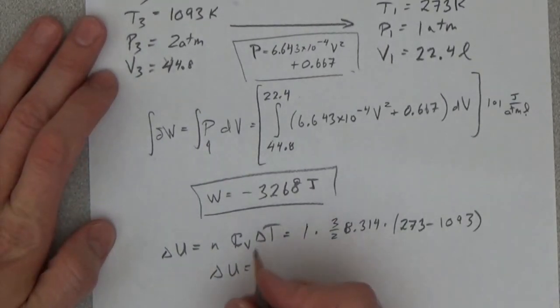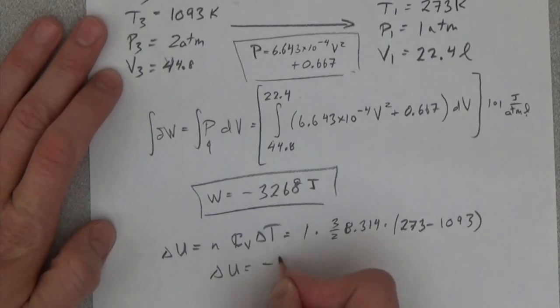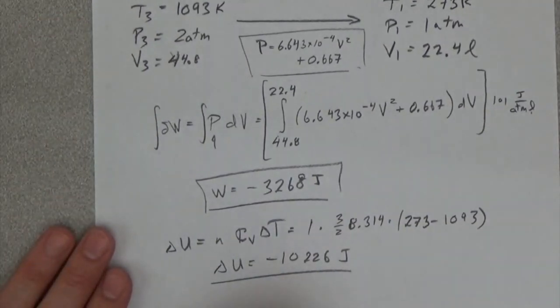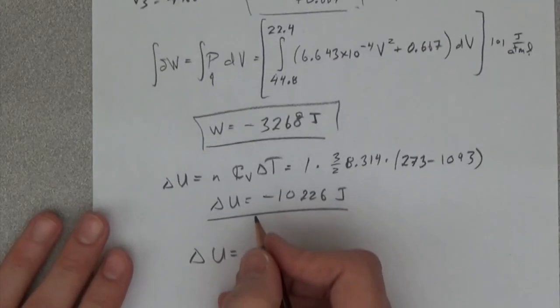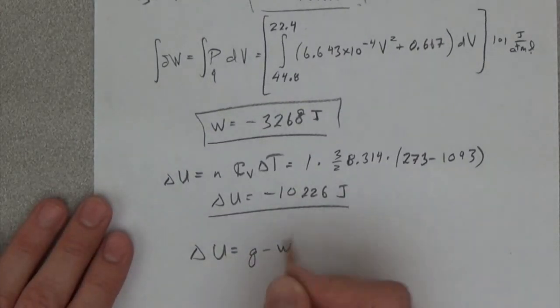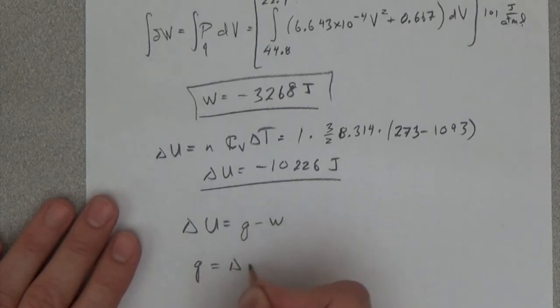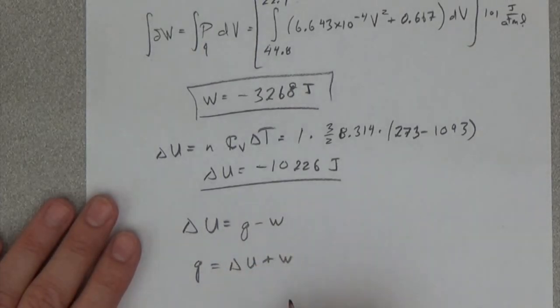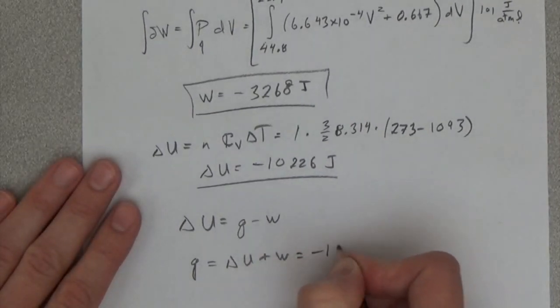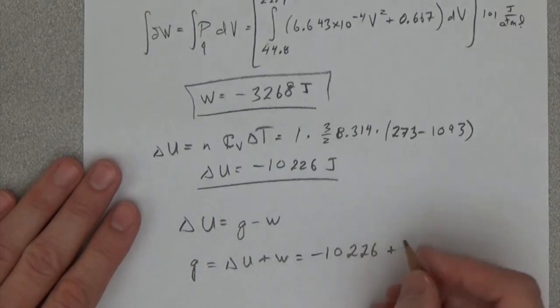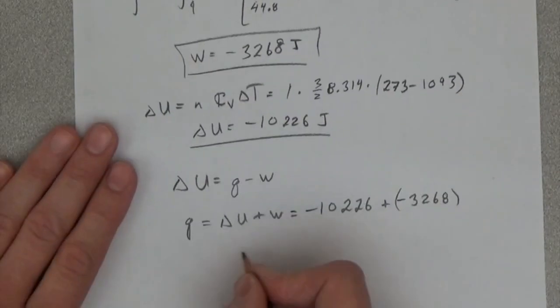Delta U is equal to minus 10,226 joules, and delta U is equal to Q minus W, which means Q is equal to delta U plus W, it's equal to minus 10,226 plus negative 3268.